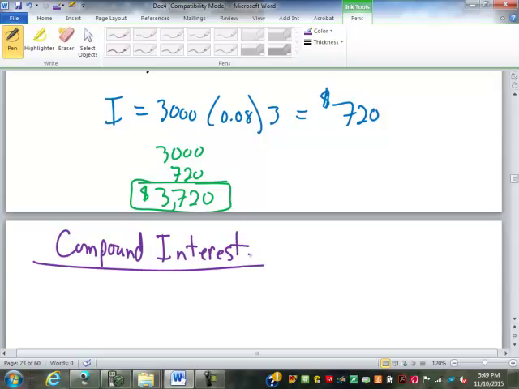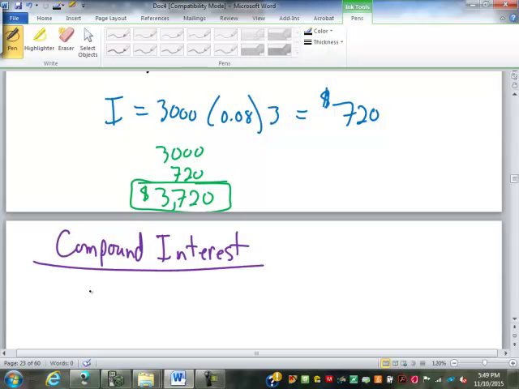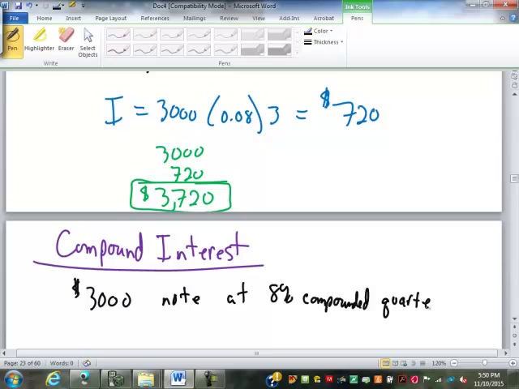Well, compound interest, this problem might look like this. Let's say that this is a $3,000 note at 8% compounded quarterly for 3 years.